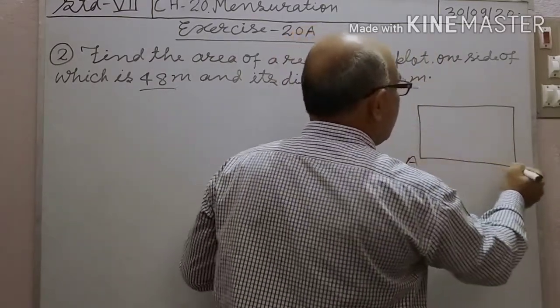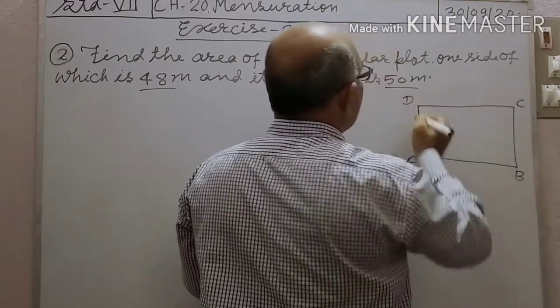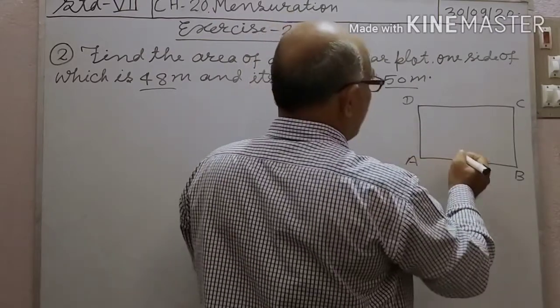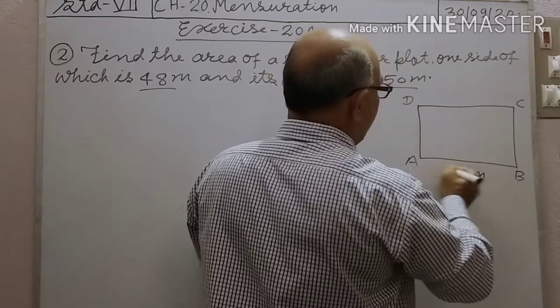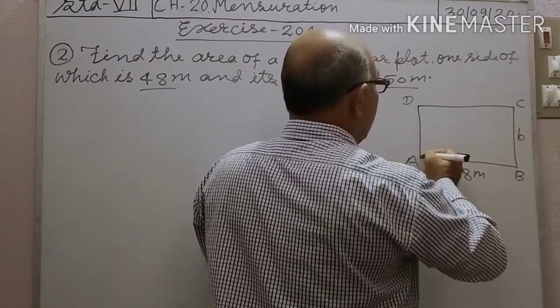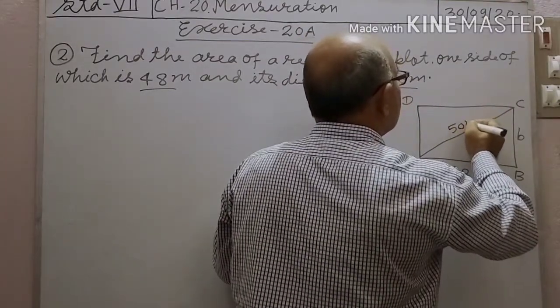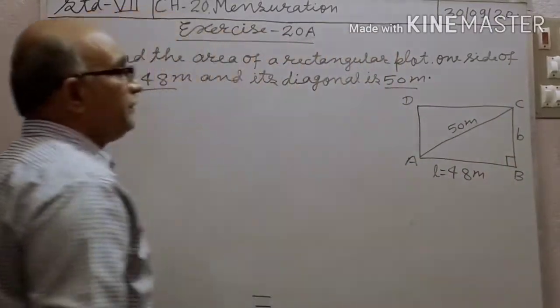Let ABCD be a rectangular plot and its one side, length, equal to 48 meter. Find the breadth. The diagonal is given, 50 meter. Angle B is 90 degree.